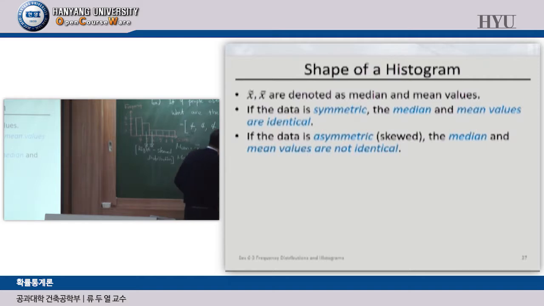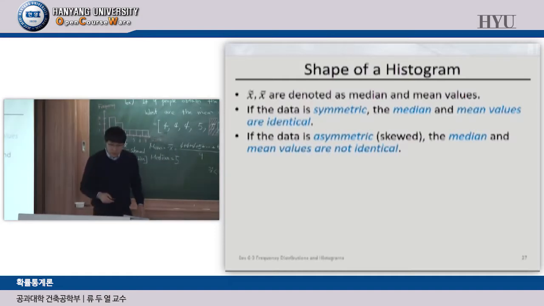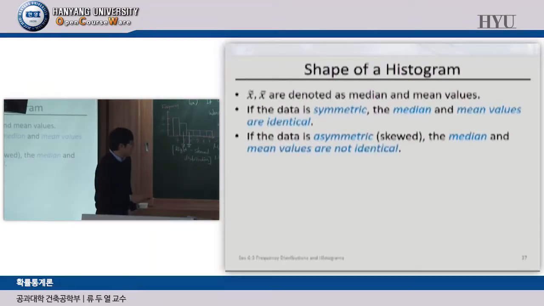Right? So if you calculate the median and mean, and if the mean value is larger than the X tilde, we can say this is the right skew distribution. Okay? And if you obtain the X tilde, the median, larger than the mean X bar, that will be the left skew distribution.